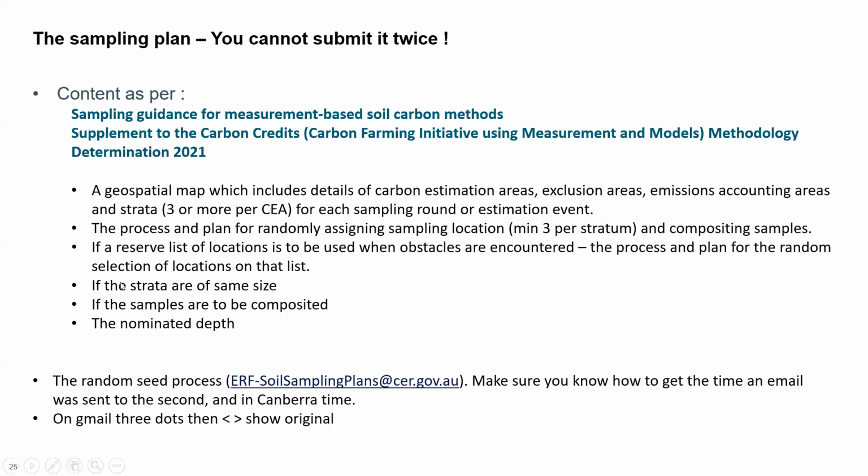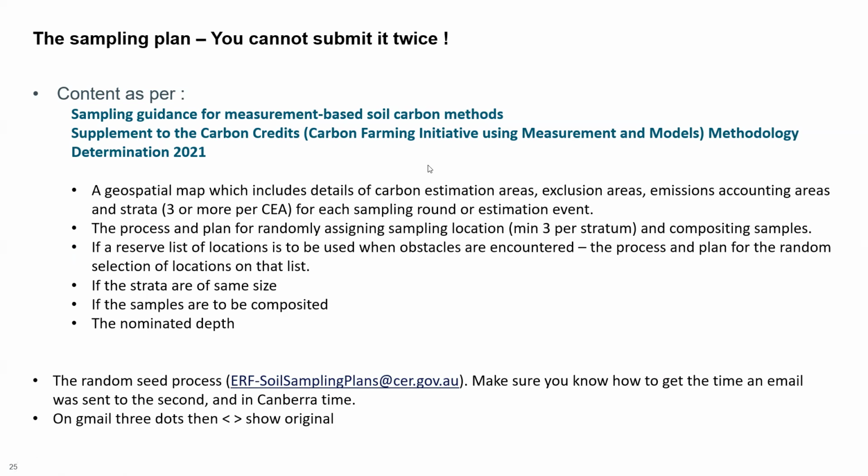You need to describe the process for randomly assigning the sampling locations, minimum 3 locations per stratum, which means a minimum of 9 sampling locations per CEA. So you need to describe, for example, as simply as, I'm going to use a FarmLab sampling generator, and FarmLab can give you a description of the technical details of the sampling generator, and how you're going to composite sample.